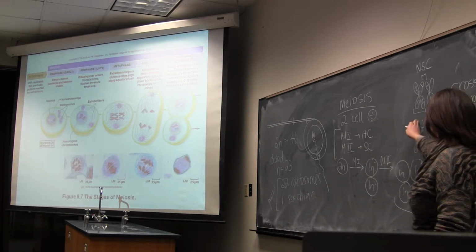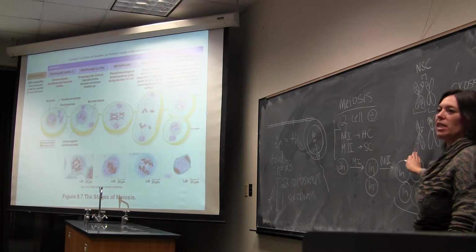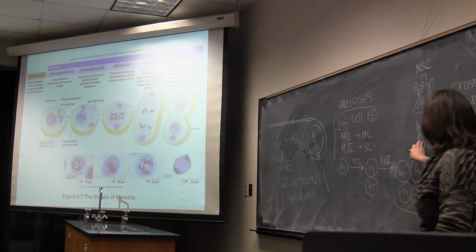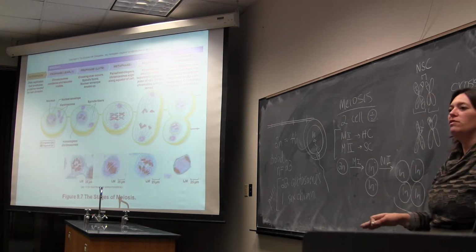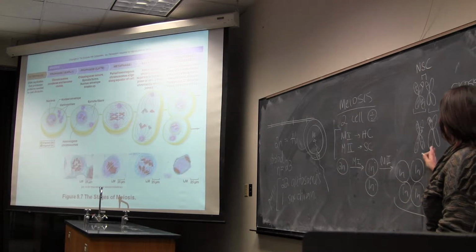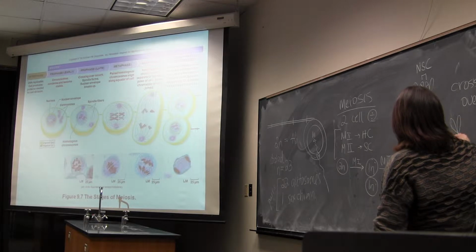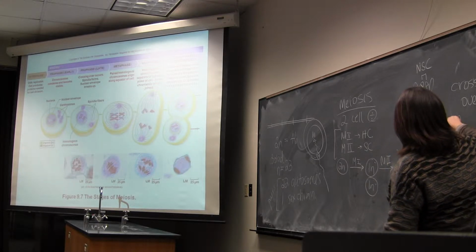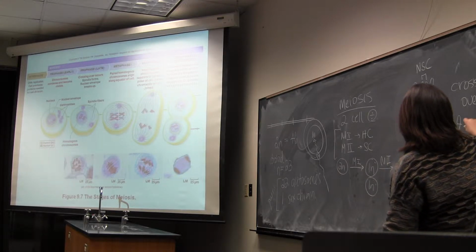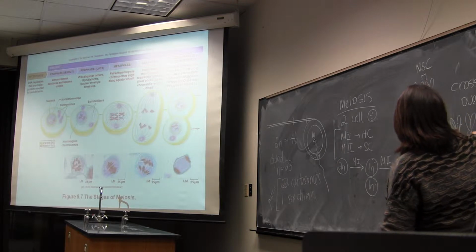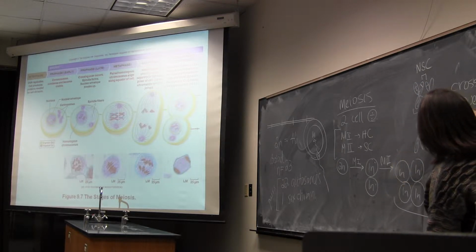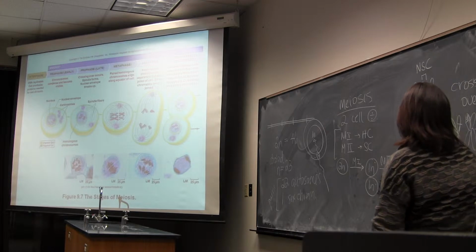So instead of just having this and this, which are exactly the same, now we have 4 unique pieces of DNA. And so in meiosis 1, after this crossing over occurs, these homologous chromosomes are going to be separated from one another.